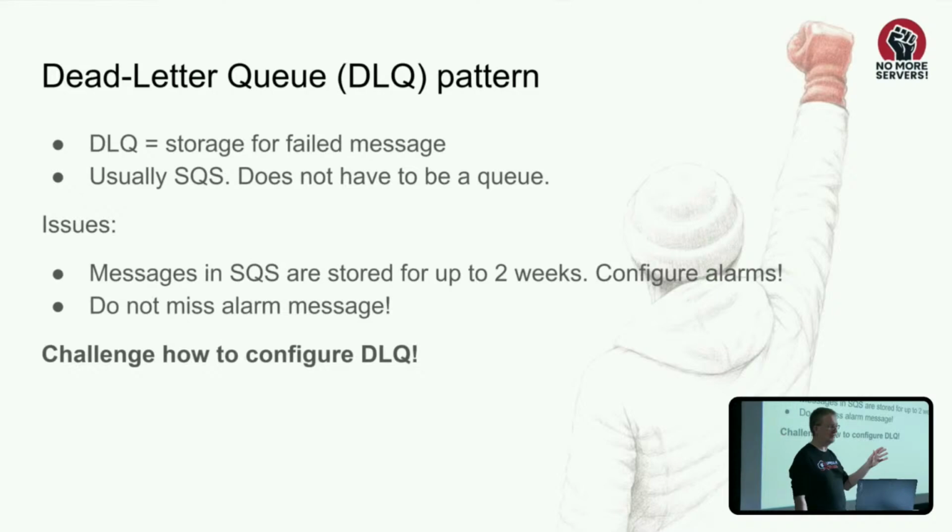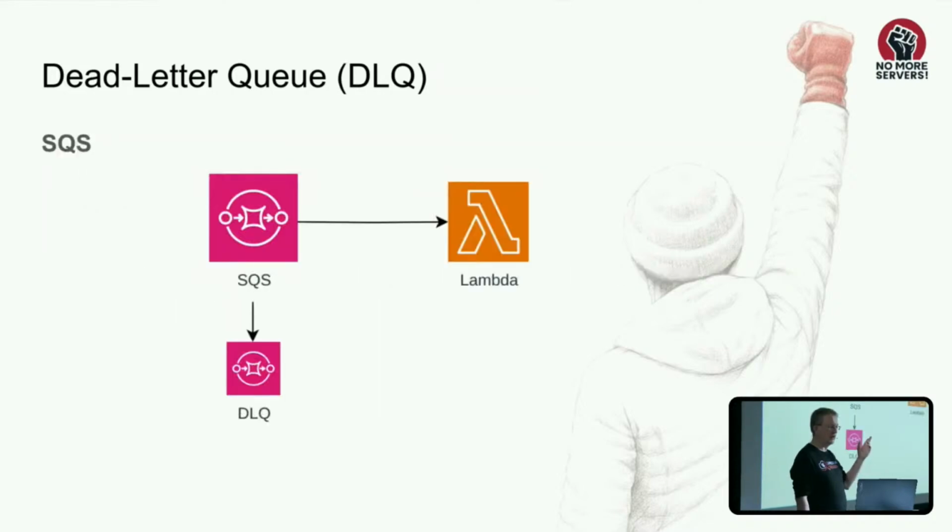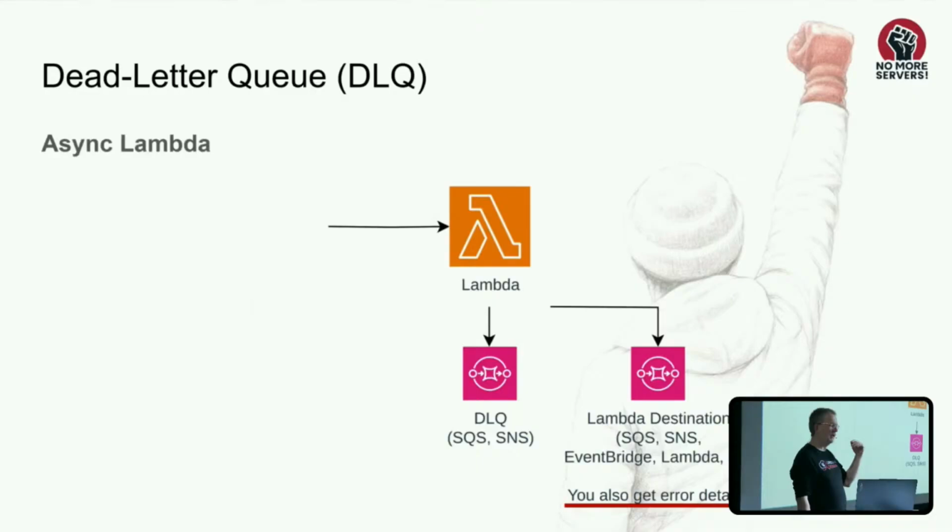First example is simple. You have SQS, just attach another queue to the main queue. That's it. What about if you asynchronously invoke Lambda? Then you attach the dead letter queue to Lambda, or you use Lambda destination, which is basically the same thing, but you also get the error message.